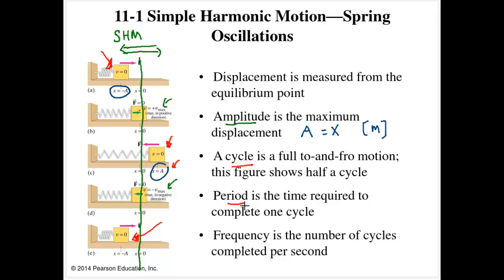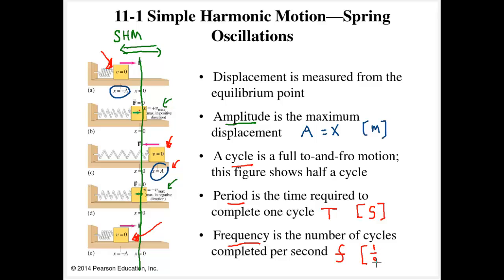I've said that it takes the same amount of time to complete each cycle. This is going to be called the period. The symbol is going to be capital T, and period is going to be measured in seconds. It's really kind of seconds per cycle, if you will. Another way to describe this is going to be with an object's frequency, a symbol of an f, and that's going to be the number of cycles per second.